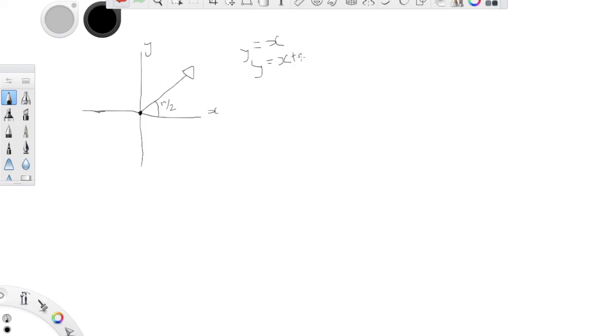Where does tan equal 1? Tan to the negative 1 of 1 should be pi on 4.